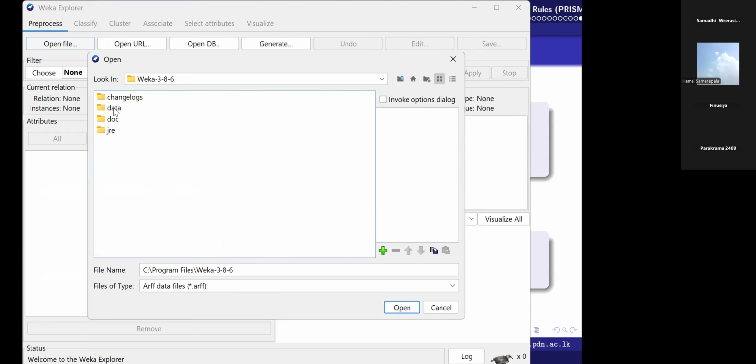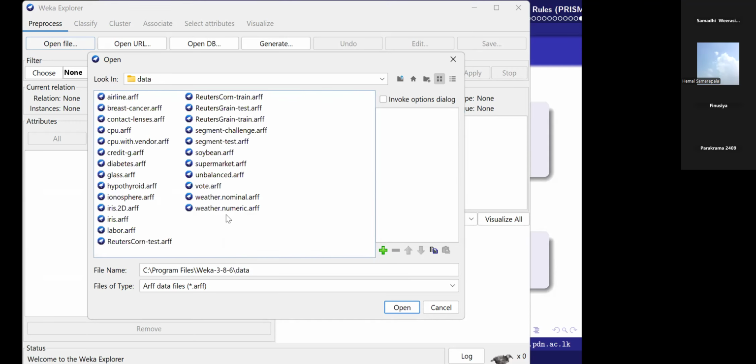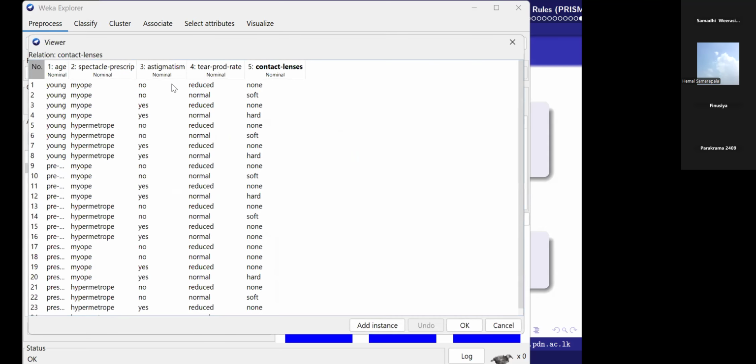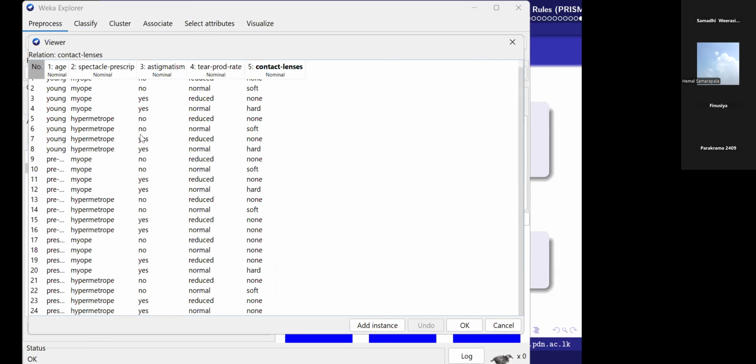There should be a data set called contact lens. Here's the contact lens. This is the data set. You can go to edit and visualize. We have 24 data points.